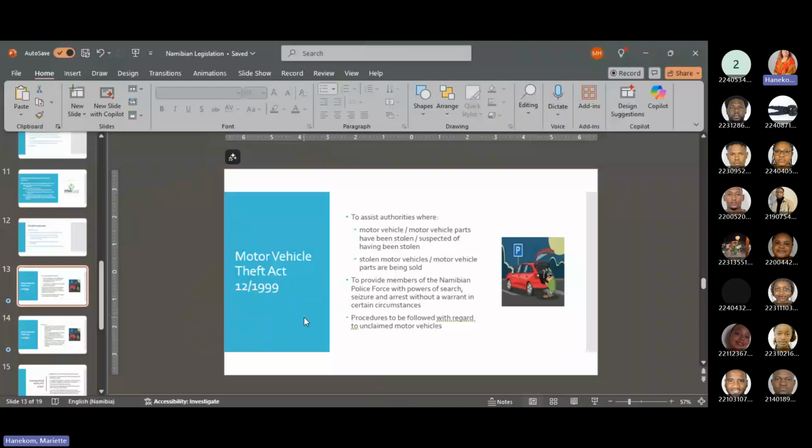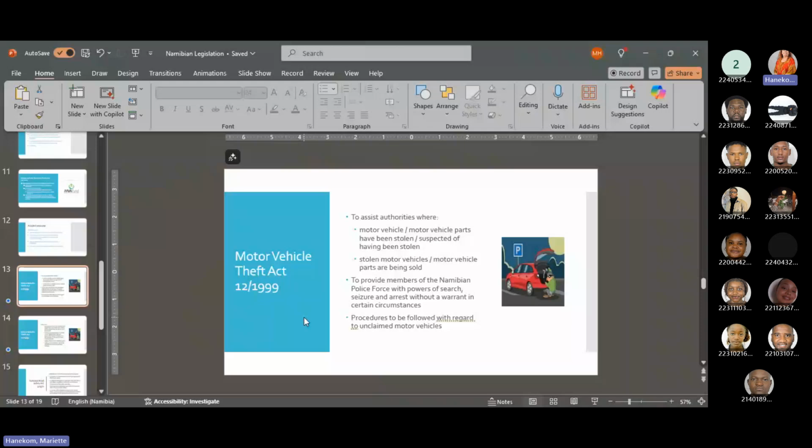Instead, the purpose of the Motor Vehicle Theft Act is to assist the state, to assist authorities in certain instances where a crime has been committed, but they might not be able to directly, in terms of common law, convict the accused person of theft.